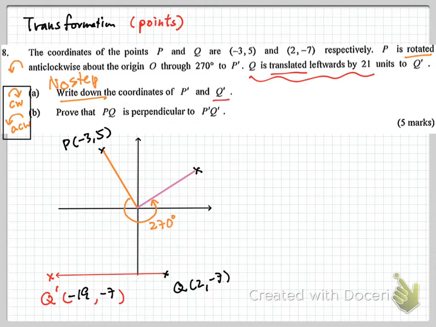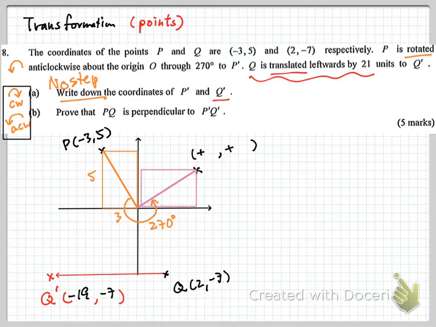So the diagram is telling me it's going to the first quadrant. The first quadrant should be plus and plus. And then what else? You have a rectangle right here, going 3 and 5. So this is 3, this is 5. Now you flip it sideways so that the pink rectangle becomes this one.